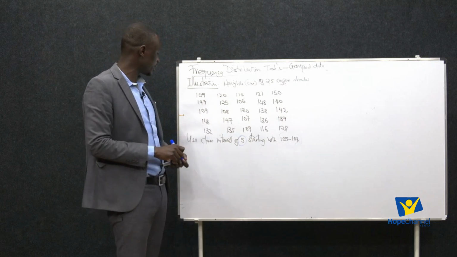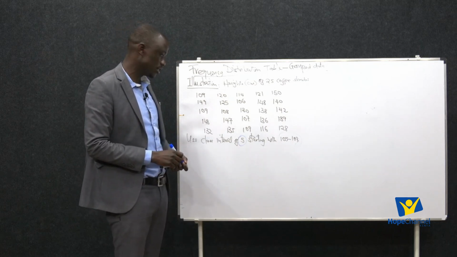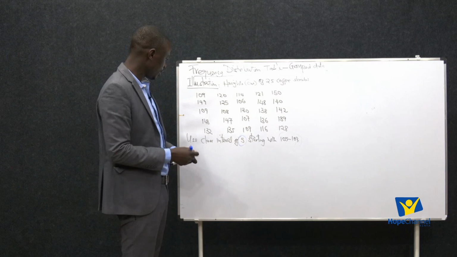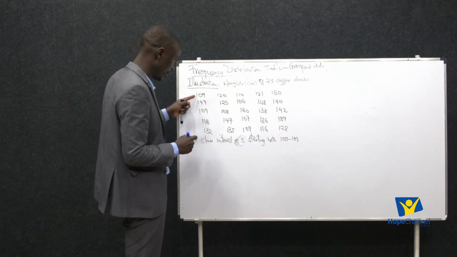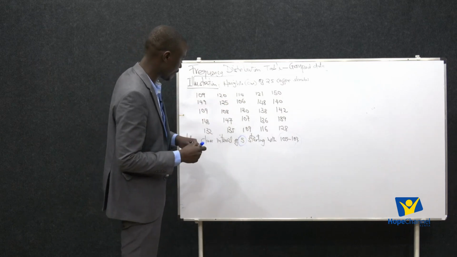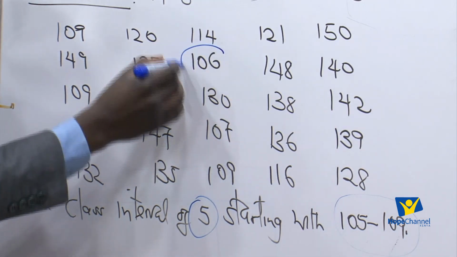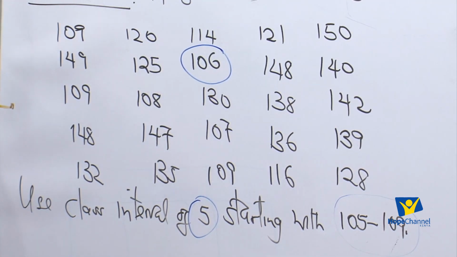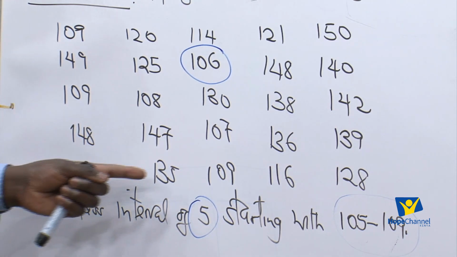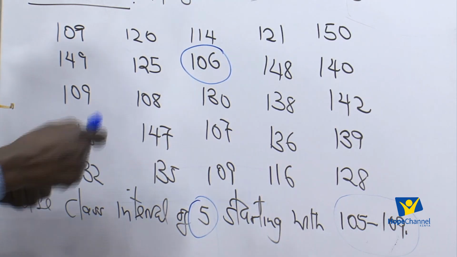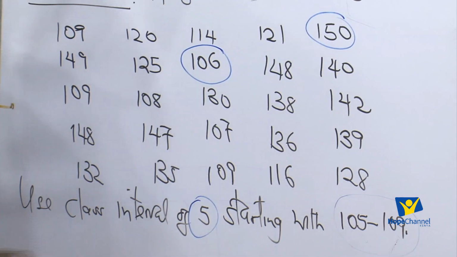Looking at the lowest observation, I have 109, 106. I think 106 is the lowest. Then the highest observation I can see is maybe 150. 150 looks to be the highest.